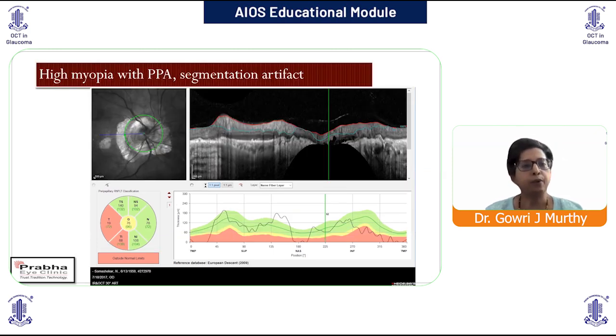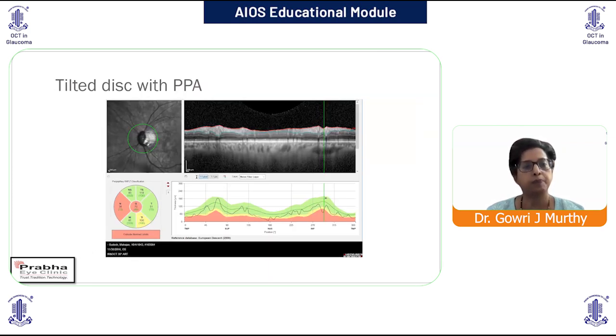This is an example of a patient with very high myopia with peripapillary atrophy. Such eyes are very, very difficult to image and are beset with a large amount of errors. And you can see here that the peripapillary atrophy confuses the algorithm and the segmentation is not at all accurate.